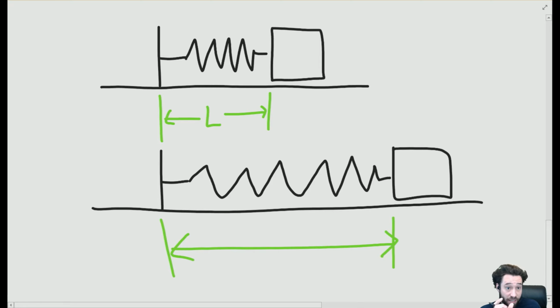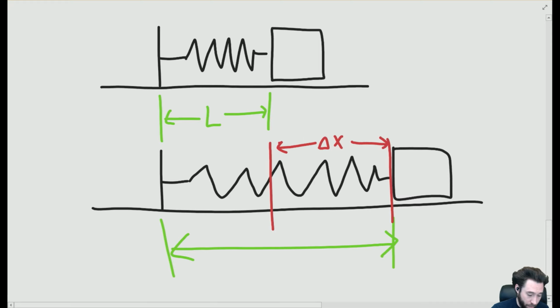And the difference between the two, so this length here, I'll call this delta x. How about that? That would be the delta x. Does that make sense? Is there any confusion about that?